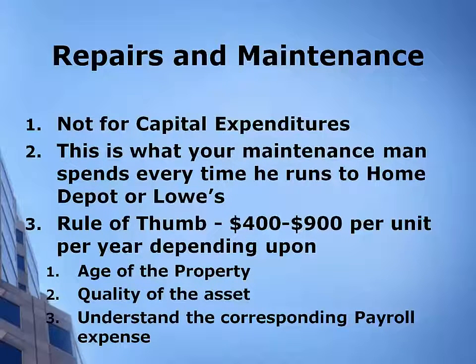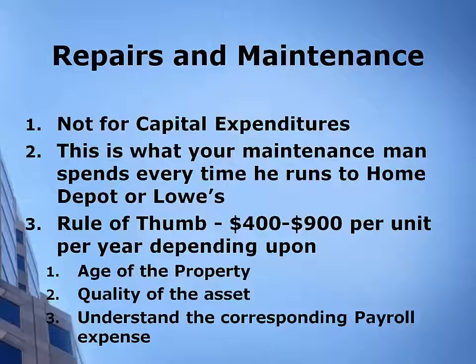And so if you're looking at a Class A property that has $900 per unit per year, there's something wrong there. What the heck are they spending $900 per unit per year on a Class A property? They might be categorizing the numbers wrong. They might be categorizing what should be capital expenditures in the repairs and maintenance section. Well, if that's the case, they're idiots, because they're driving down their own net operating income and reducing the value of their property. So these are the types of things you want to keep in mind when you're looking at it.